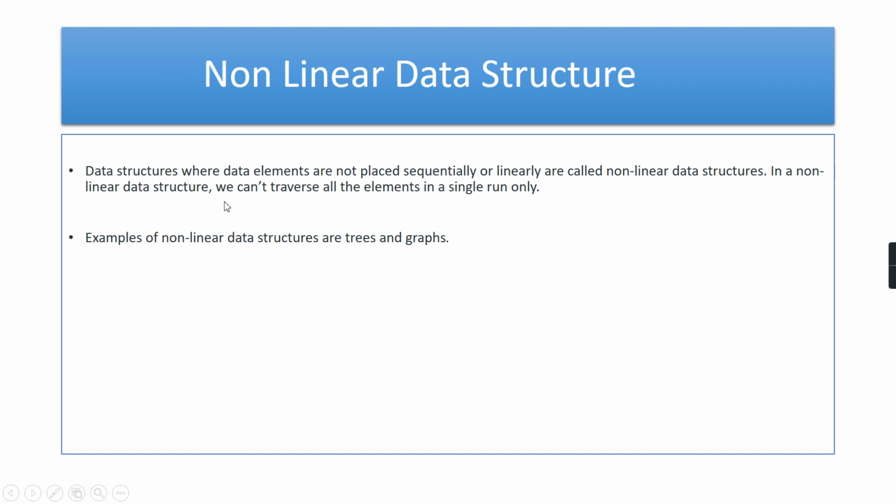In a non-linear data structure, we cannot travel all the elements in a single run. This is the main difference between a linear data structure and a non-linear data structure. Examples of non-linear data structures are trees and graphs.